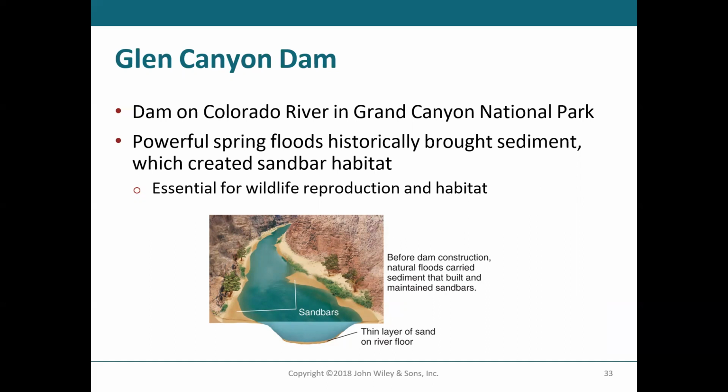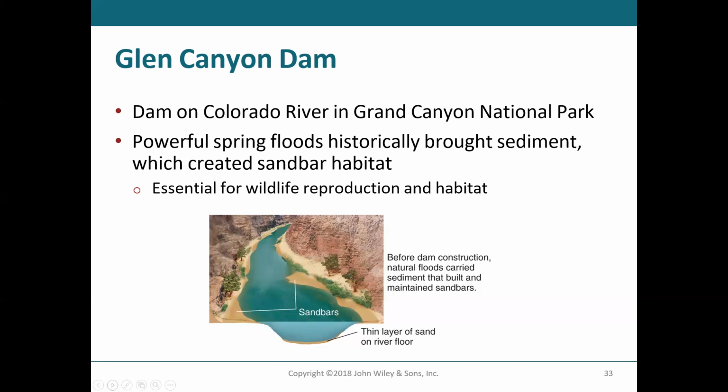These sandbars were small areas that animals could go drink water, could mate on, could be used as temporary shelter, or like areas to stay on near the water so that they could easily access water. And because of these sandbars, you would only have a thin layer of sand on the river floor.